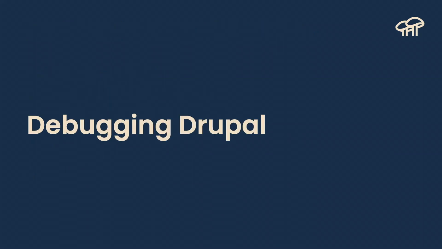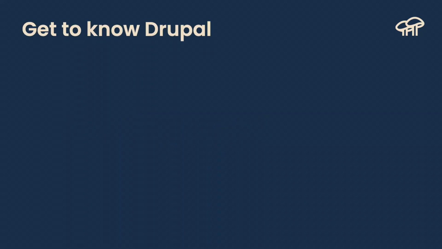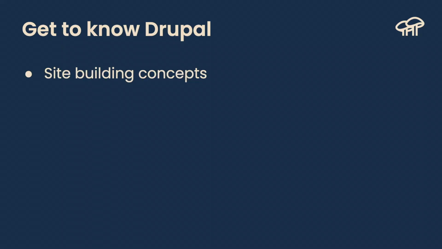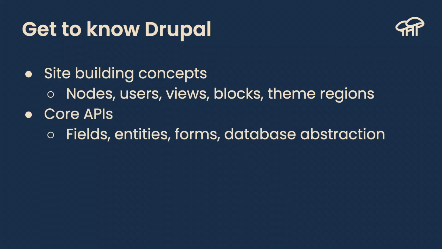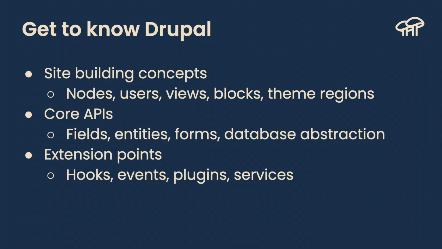And let me talk about debugging in Drupal. We need to know about site building concepts, nodes, users, views, blocks, theme regions, about the core APIs, fields, entity, forms, database, about extension points, hooks, events, plugins, and services.